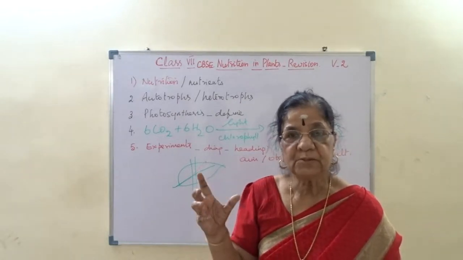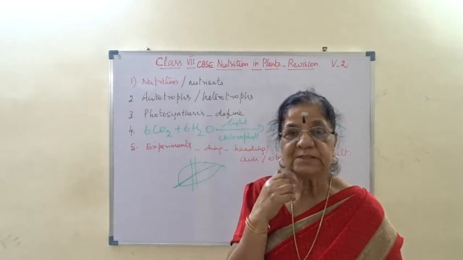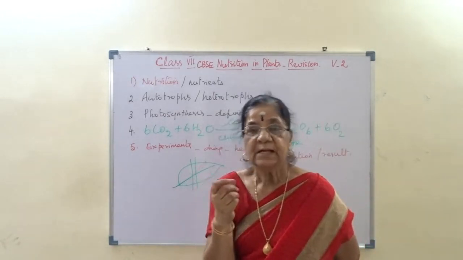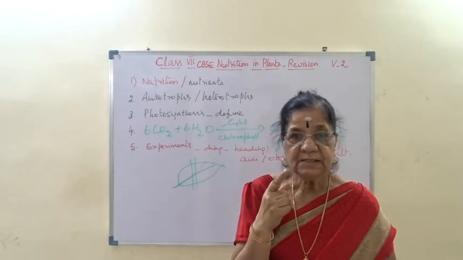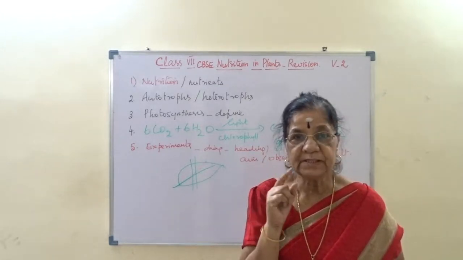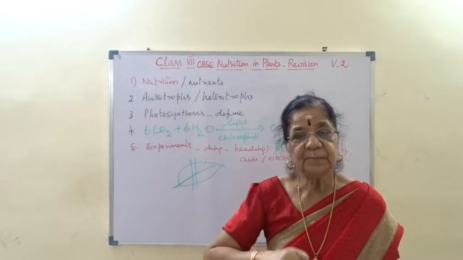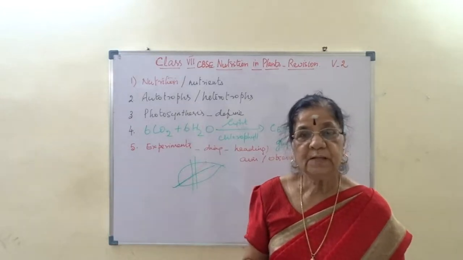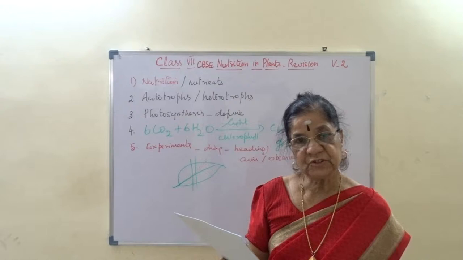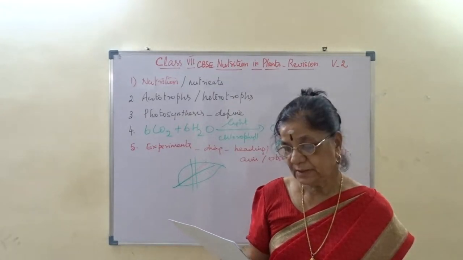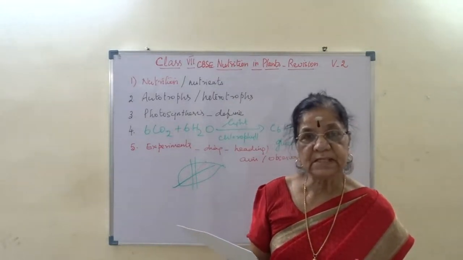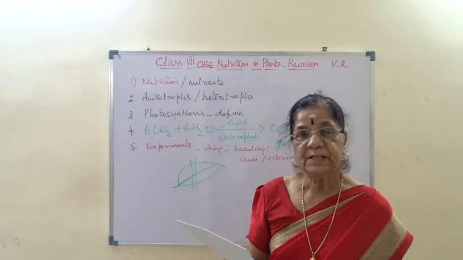If a picture of a pitcher plant is given and asked what type of nutrition is found, you should say it is insectivorous, and plants take insects only for nitrogen metabolism; otherwise Nepenthes can prepare its own food by photosynthesis. So here, pitcher plant, sundew and Venus flytrap are insectivorous plants, and only cuscuta is a parasite.